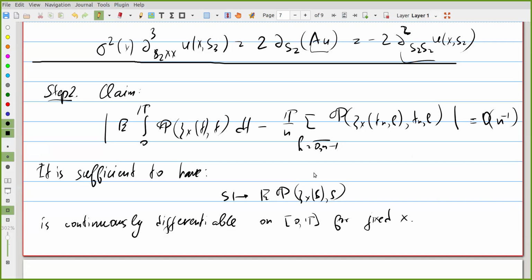You can prove this by using an analog of the proposition we used in the previous part of our lecture, but in our lecture we didn't have this S here, so we had just the second order differential operator in the right hand side.